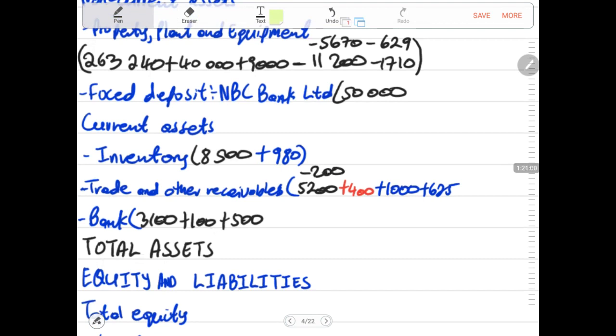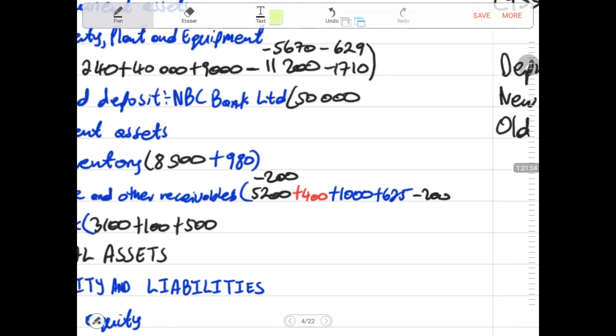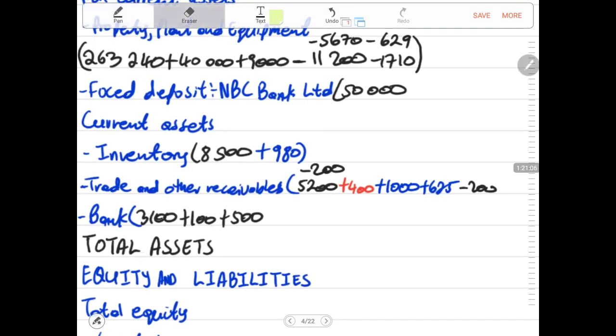It doesn't matter where you write. I just have limited space. I don't want to write 200 here because I won't have space to write the total amount. So hence I write it there on top. But I know in your books you'll always have space. Minus 200 rands.